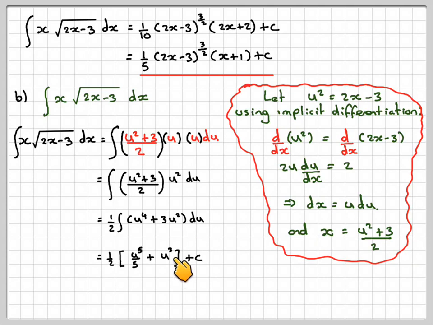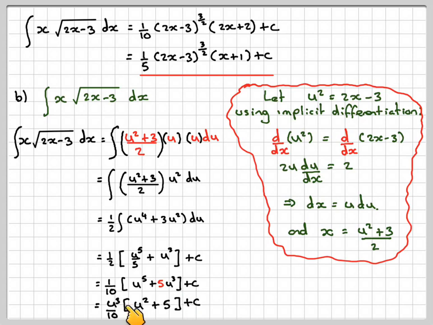If you differentiate u cubed, you get 3u squared, so this just becomes u cubed. And then I'm going to take the 5 up here like I did in the previous example. So I've got 1/10 of u to the 5 plus 5u cubed, and the 2 and 5 come out to make the 1/10.